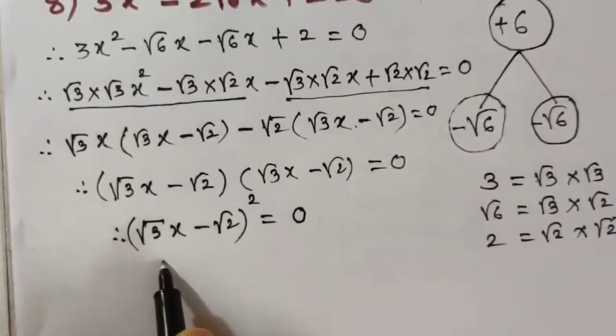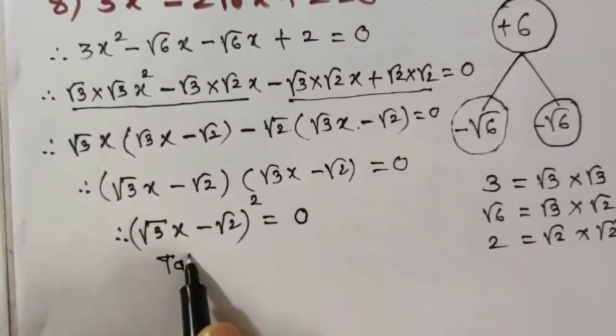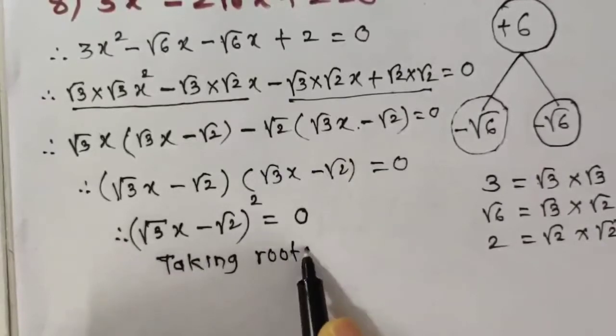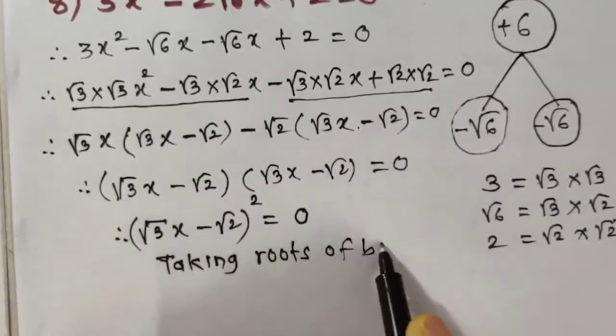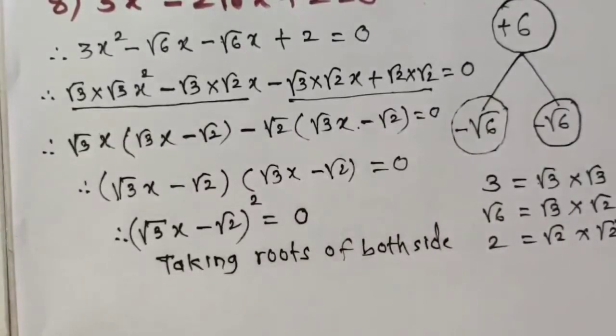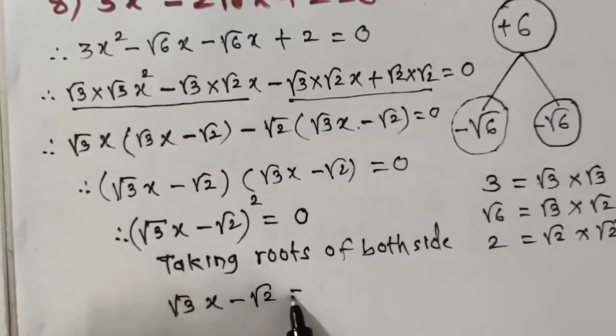So taking roots of both sides, because 0 has no sign, positive or negative, that's why here directly we can write the square root of this one is root 3x minus root 2 and the square root of 0 is 0.